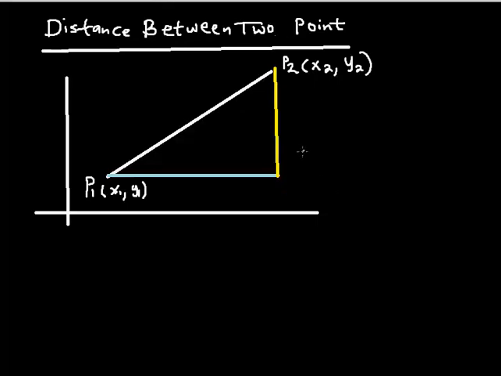This point is my x2, you know that already, and this point is my x1. So this line represents my delta x. As you also know, this point in my vertical is my y1, and the final point here is my y2.